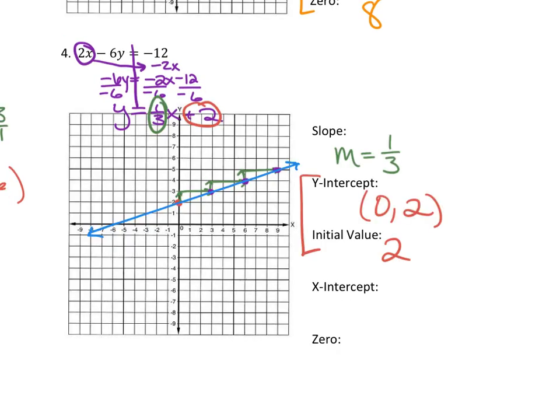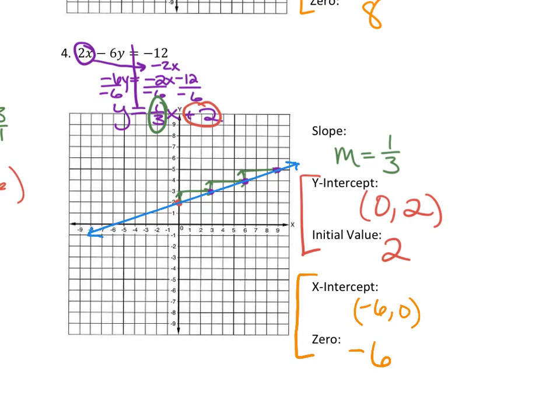So this problem gets really interesting because if you do not actually plot this graph super accurately, you're going to have a hard time finding your x-intercept or your 0. You should have seen that the graph crosses the x-axis at (-6, 0), which means that the 0 of this function is -6. But if you graph this even just slightly off, if you don't have a really, really good straight line that goes through all those points, you might accidentally answer -5 or -7.